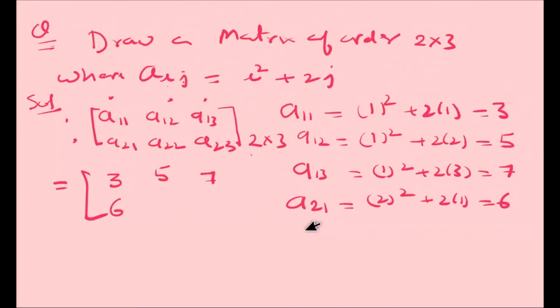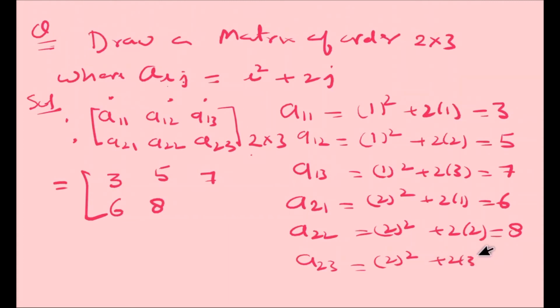Now A22, 2 square plus 2 into 2, 4 plus 4 equal to 8. Now last A23, 2 square plus 2 into 3, 4 plus 6, 10. So this way students, the values you are getting, you can put here 6, 8, 10. Now this is the matrix of order 2 into 3, with members following these instructions. So this is your answer.